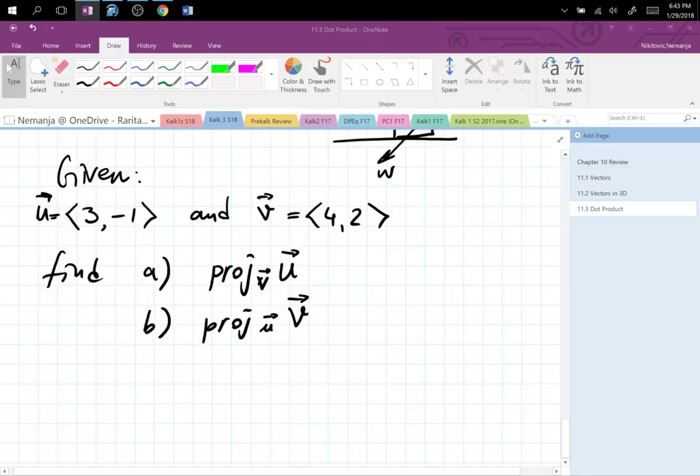You better have an answer to be a vector which encodes both things. Right? So you have a scalar times a vector.